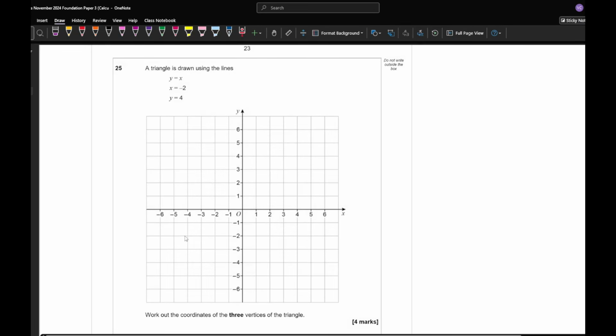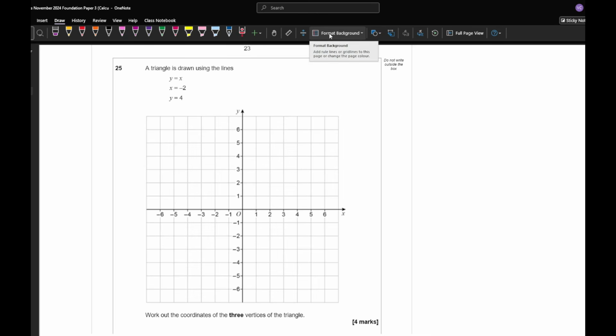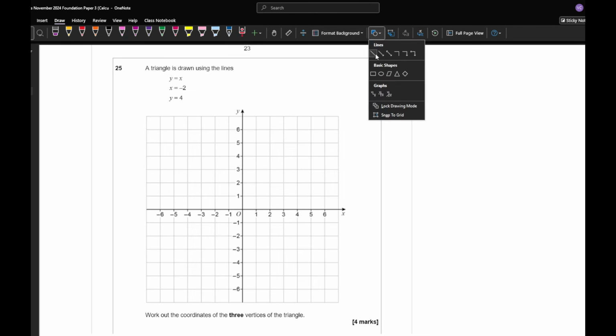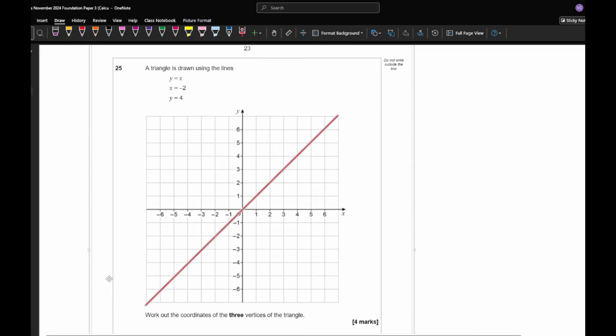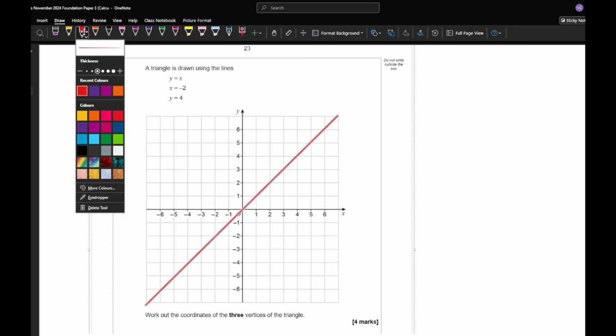So y equals x is a diagonal line going through 1, 1, 2, 2, 3, 3, etc. So if I start by drawing that out, which is this line here, and let's just extend that line like so, so it should look something like this, and let me just label that line there.